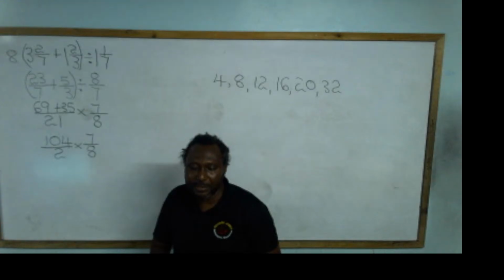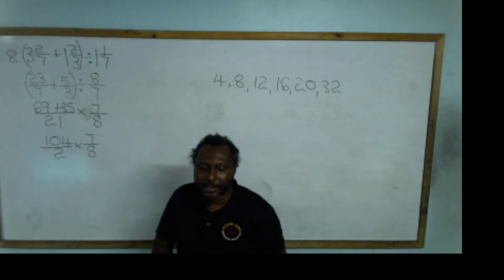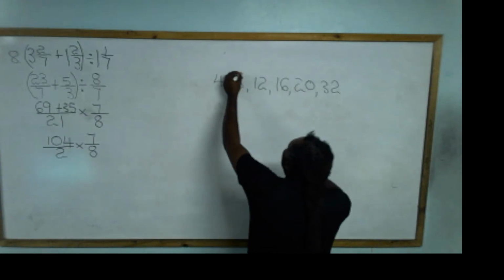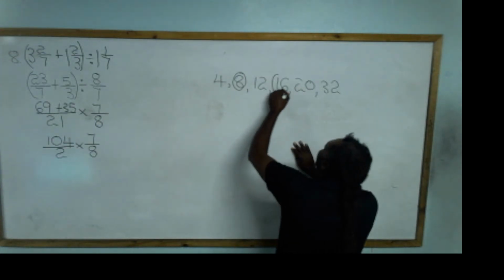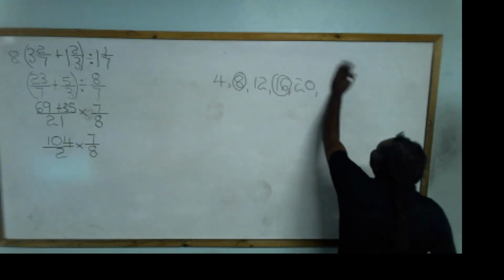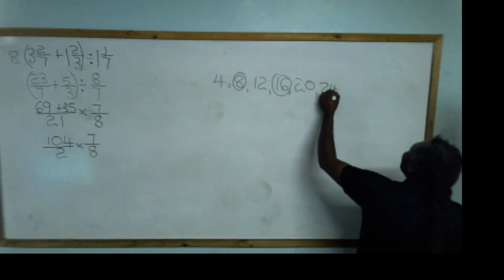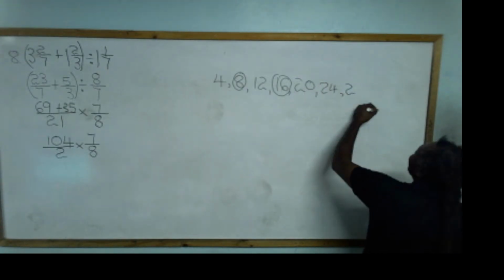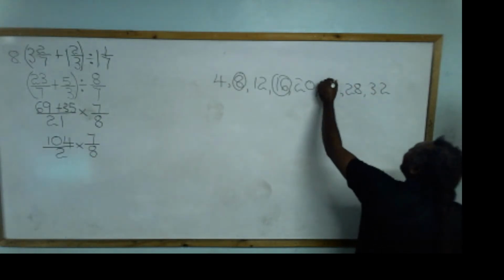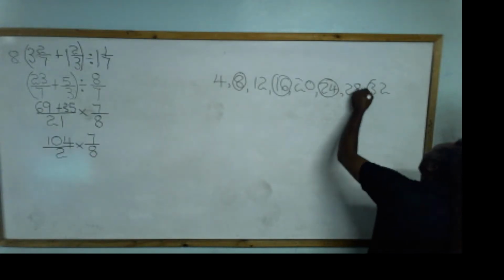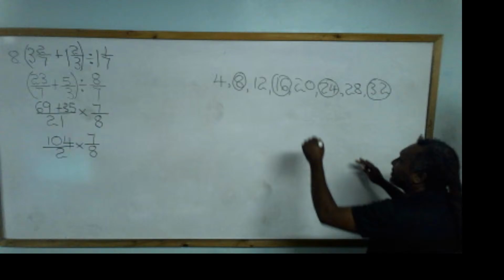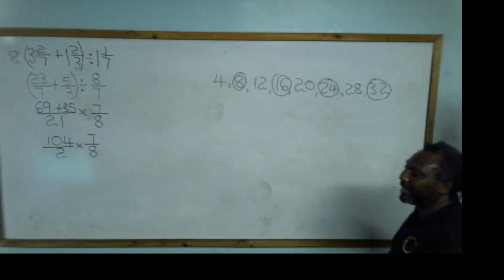Now, notice that of all of the numbers that are divisible by 4, every other one is divisible by 8.